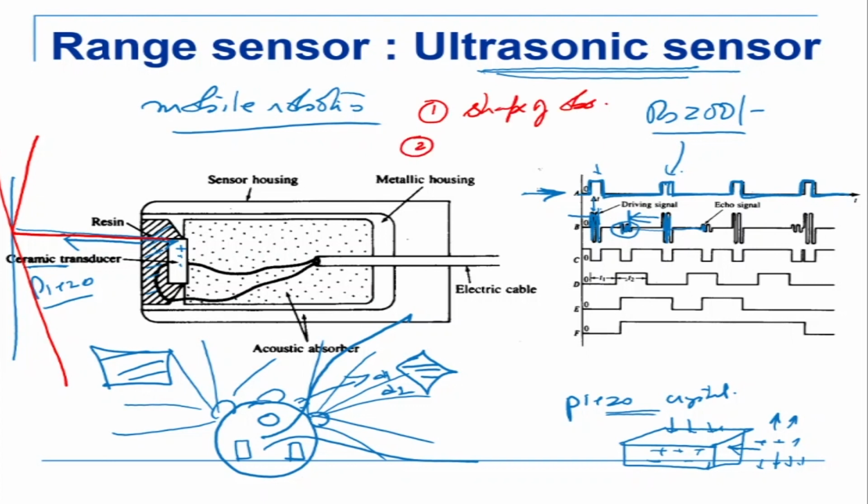Number two is if the rays are absorbed by the material. For example, if you have cloth or wood, these ultrasonic rays are absorbed. If the ray doesn't come back, then obviously there is no signal, so it doesn't know how far the object is.